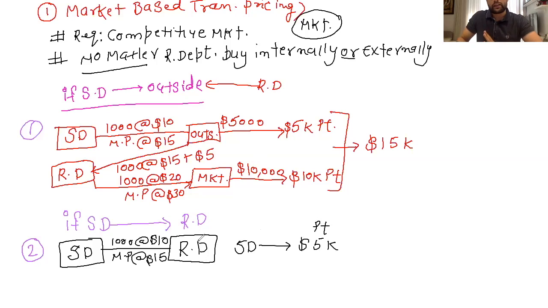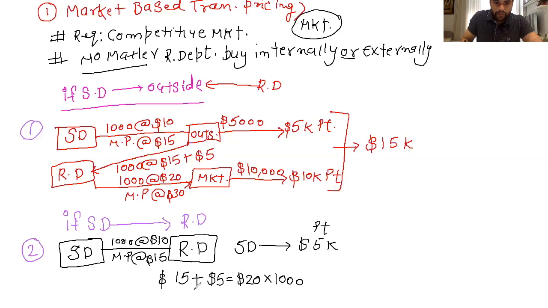Now, what is the receiving department doing here? The receiving department's cost is $15, and it is going to spend an additional $5 to process the product. So it has $15 as a buying cost plus $5 as a processing cost, which means the total is $20 and 1,000 units. So that will be the cost of the receiving department.